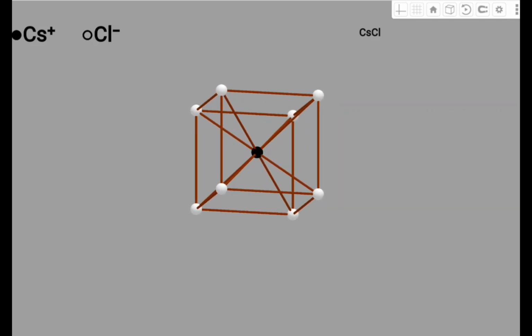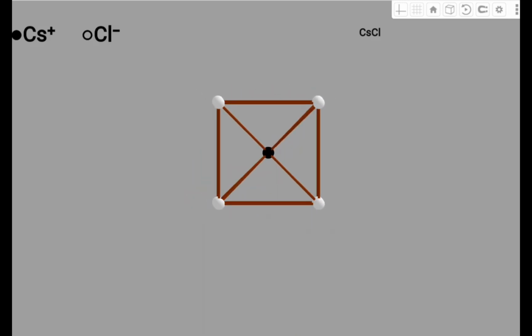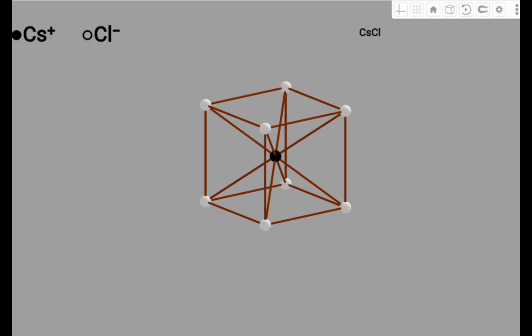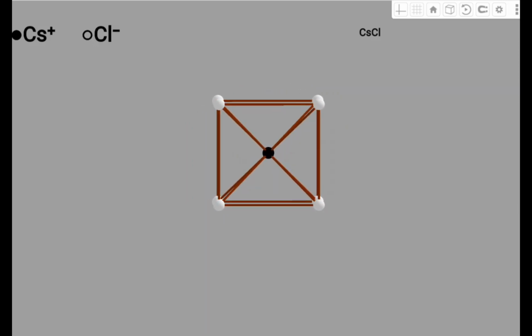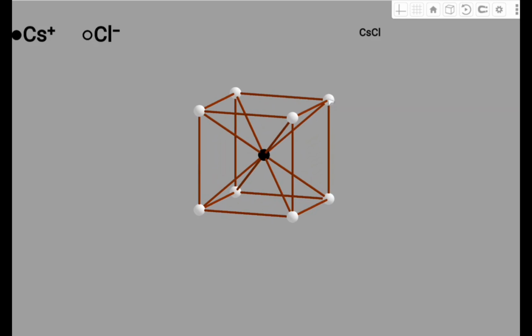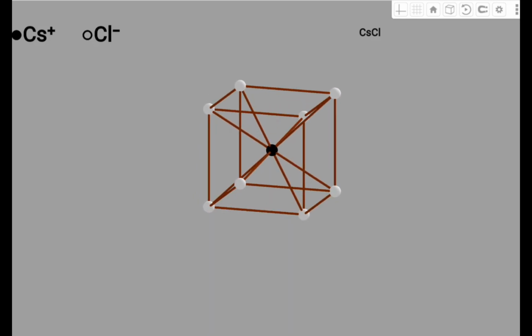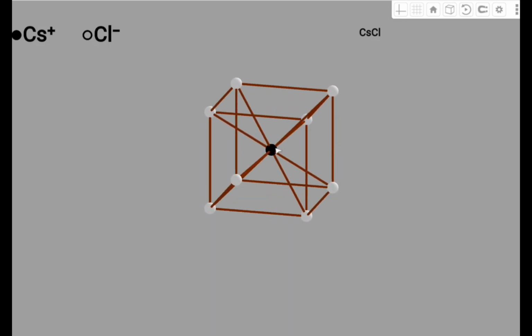As we mentioned before, atoms have to be of the same type, not like this one here. We have 2 atoms: chloride in the corner, and the one right in the middle is cesium. So this one is a simple cubic crystal.